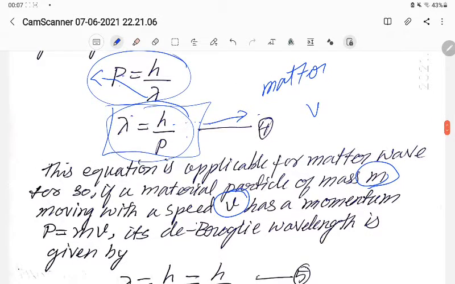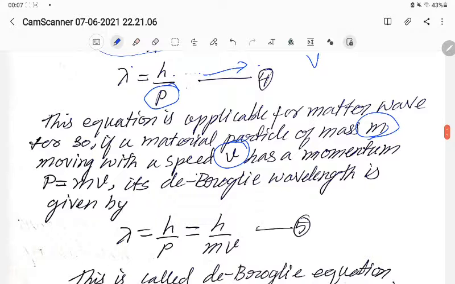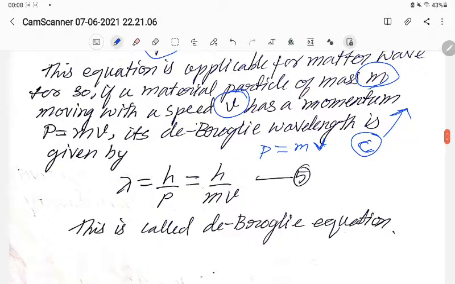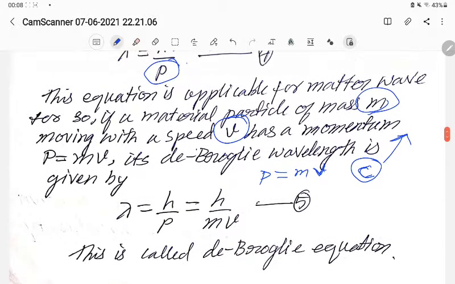Now this is momentum. Momentum for matter is how much? Momentum will have some velocity. For matter we will not use c. c is for photon only. So now instead of c you will write velocity v. So h by p will be equal to h by mv.